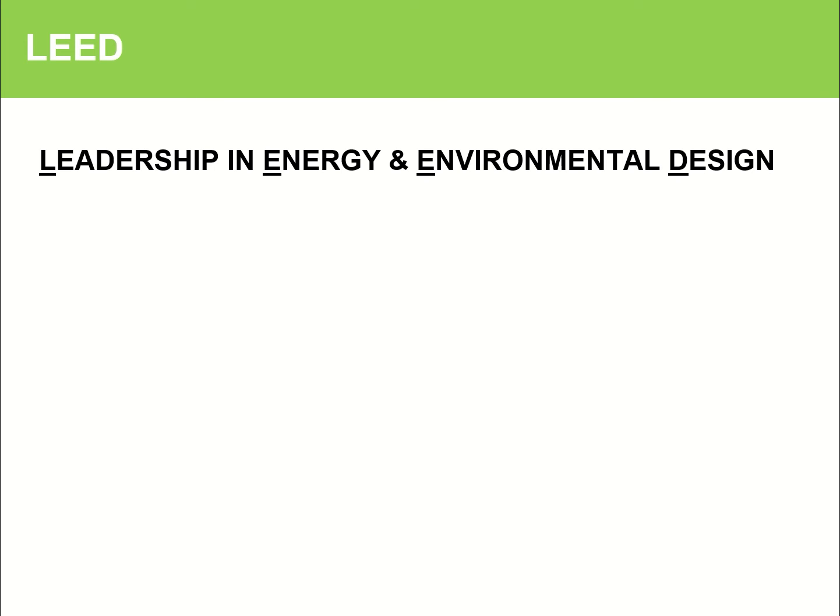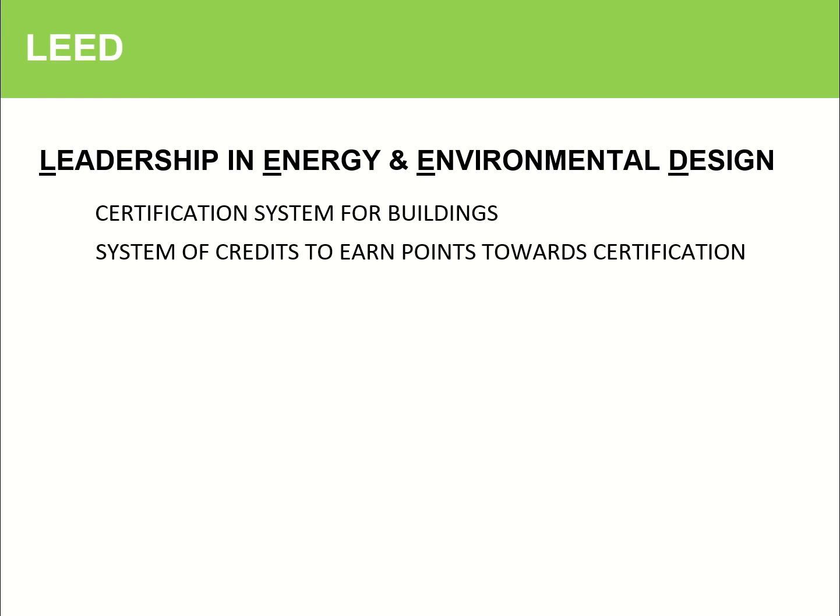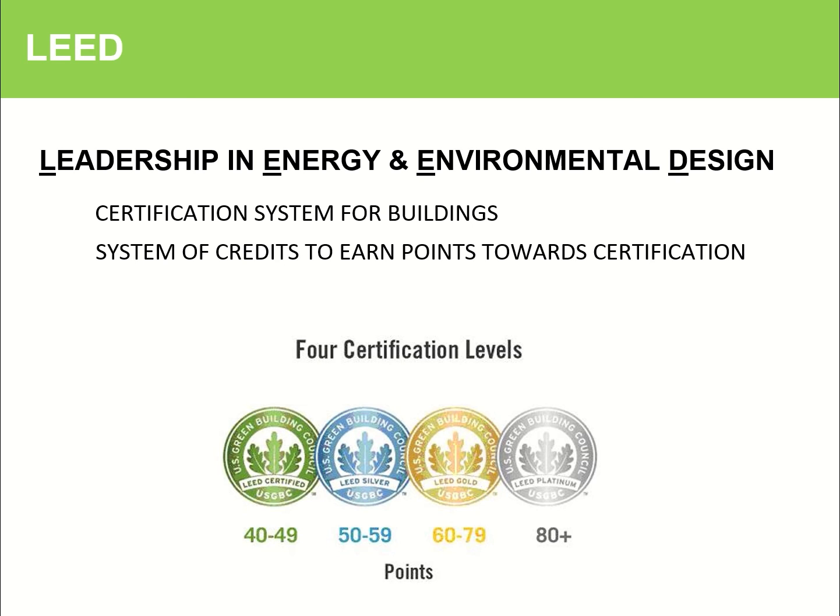LEED certifies buildings through a system of credits that earn you points towards certification. There are 4 different levels: LEED Certified, LEED Silver, LEED Gold, and LEED Platinum. And here you can see the range of points needed to achieve each certification level.